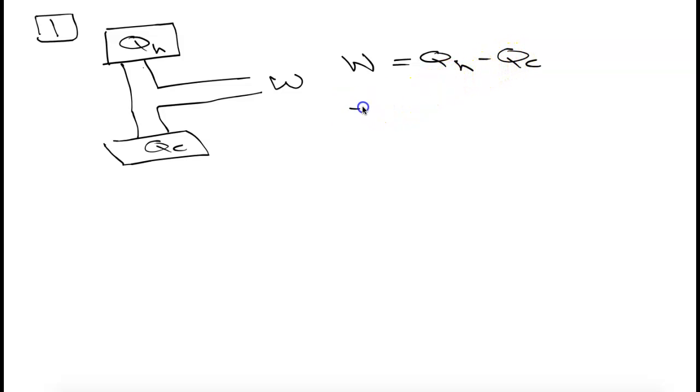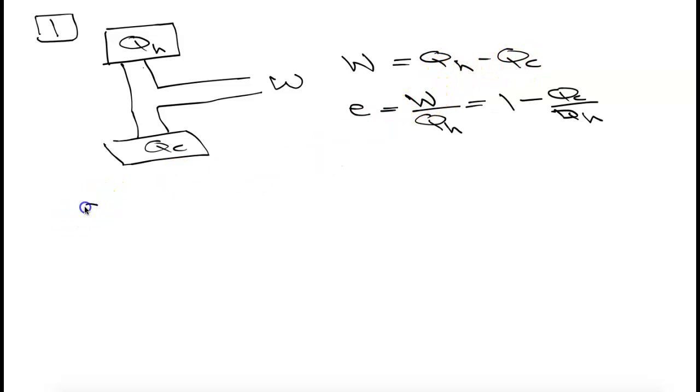And we also have that the efficiency is given by the work done over the amount of heat absorbed, which can also be written as 1 minus QC over QH if we use this relationship up here and then simplify a little bit.